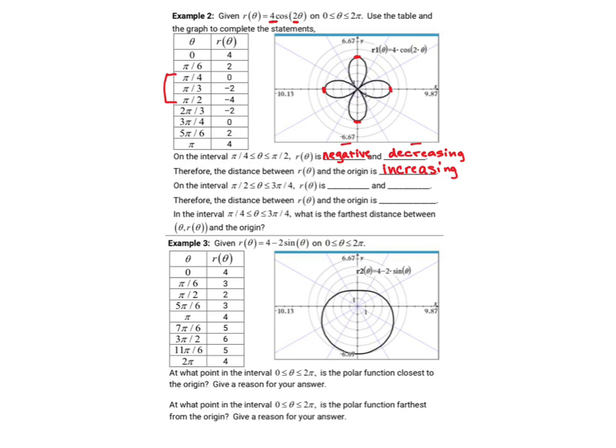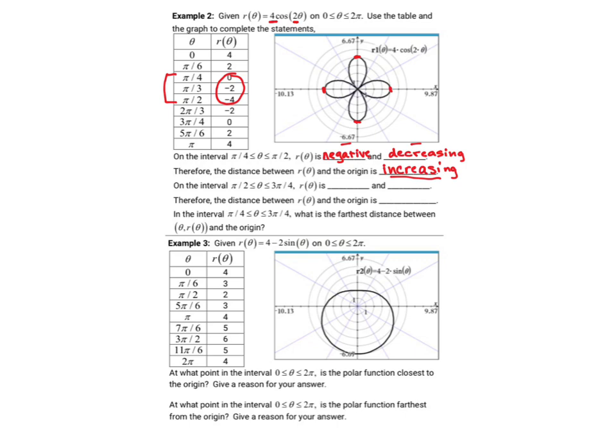So r of theta on pi over 4 to pi over 2. These numbers are negative, and they're decreasing. They're getting more negative. Because they have the same sign, negative and decreasing, the distance from the origin is actually increasing.